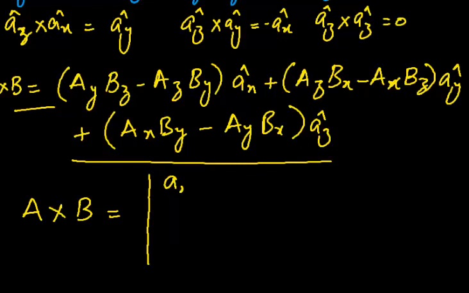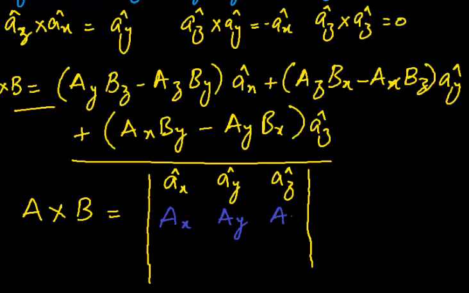In the first row you write AX, AY, AZ, then in the next row AX, AY, AZ, and then BX, BY, BZ.